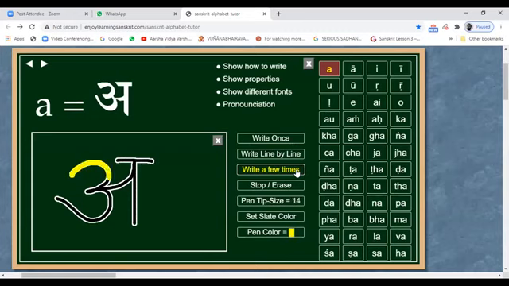Okay, now let me ask you, is it a short or a long? Short, Maharaj. It's a short vowel. What is its place of pronunciation? Guttural, from the throat. The sound is called guttural. Okay.